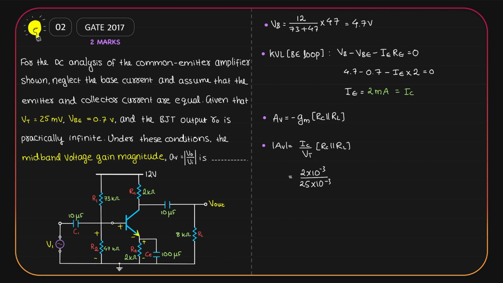IC is 2 milliampere, VT is 25 millivolt. RC is 2 kilo ohm and RL is 8 kilo ohm. Equivalent resistance of 2 parallel to 8 will be 2 multiplied by 8 divided by 2 plus 8. Doing the calculation, we get the gain, it is 128. And that's our final answer.